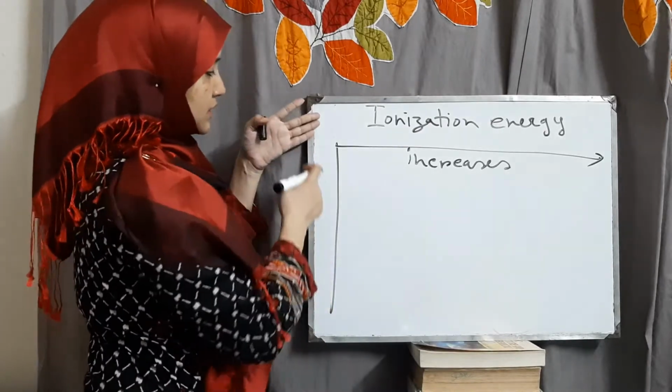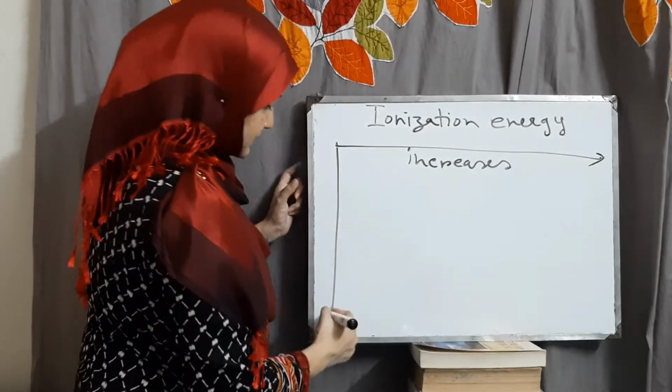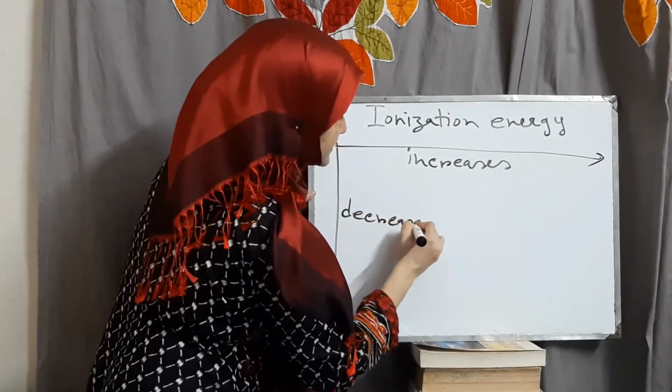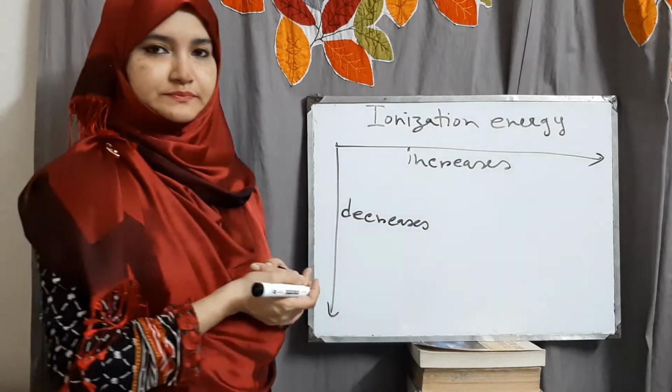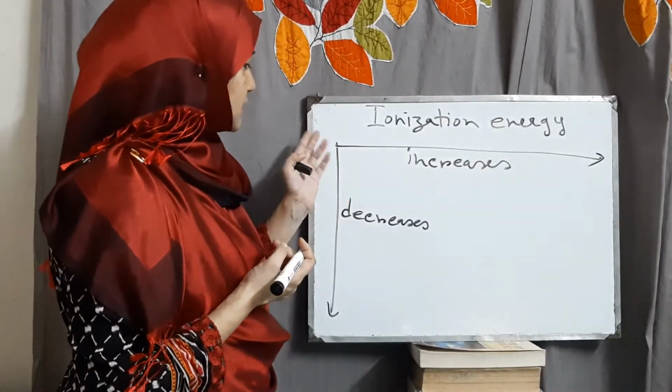And if we go downward from top to bottom, then the ionization energy decreases. Why? We know already about that.